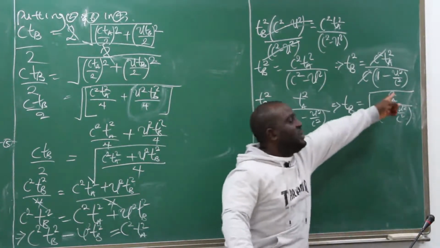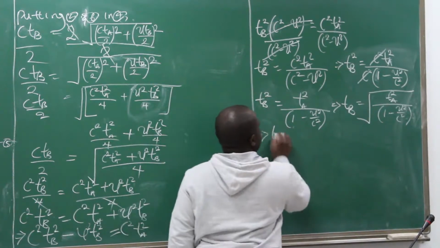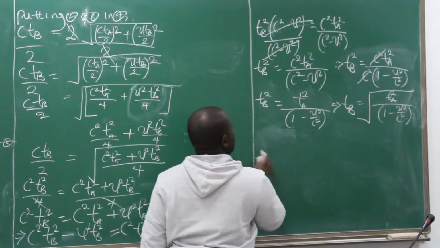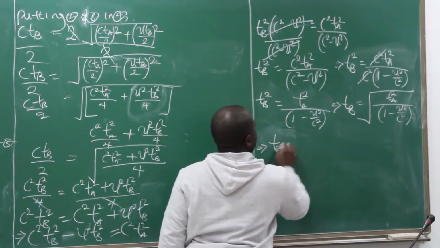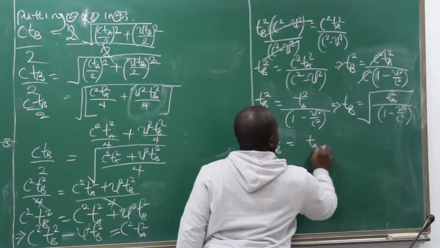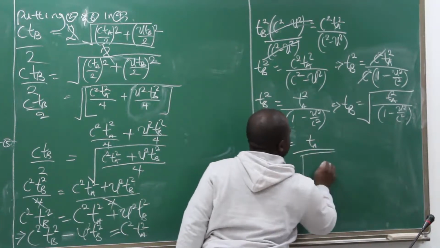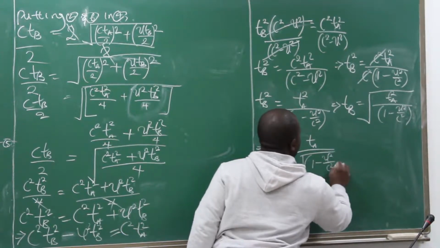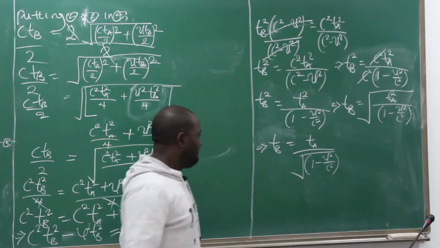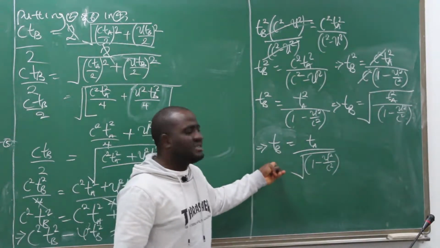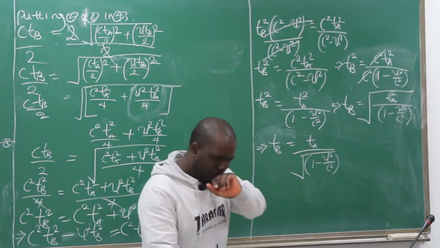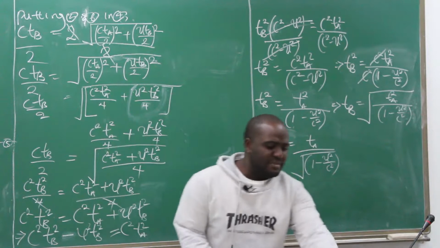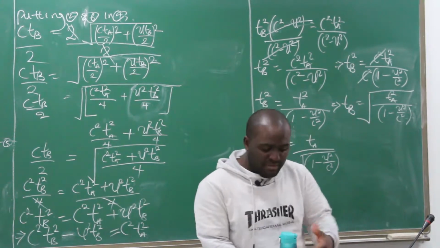So now, this goes into this, and that means our TB is equal to TA all over the square root of 1 minus U squared all over C squared. You see? So this is the relationship between the time the Ark barrel measures for that same event to take place, the same event you measure.